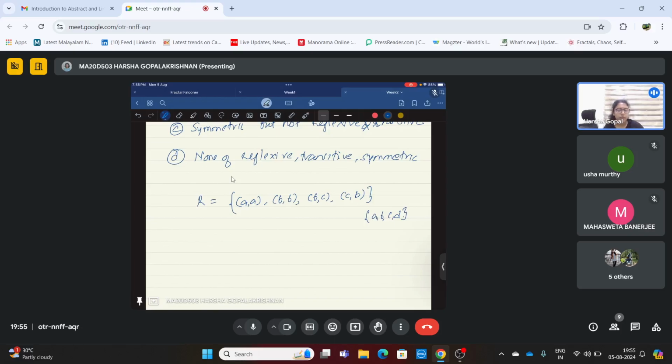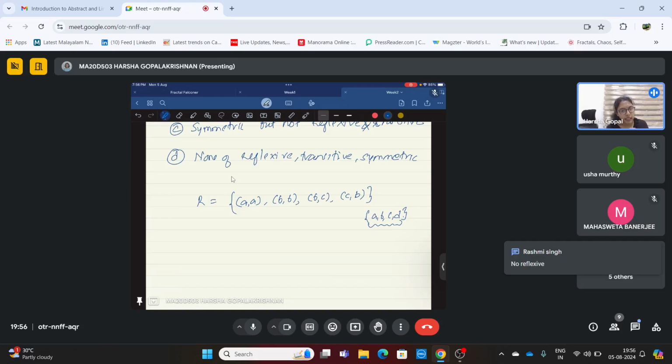What does reflexive mean? If a set is given and a relation is given, it is reflexive if A belongs to that relation for all A in the given set. For all elements from ABCD, AA should be there, BB should be there, CC should be there, DD should be there. Then only it is a reflexive relation.